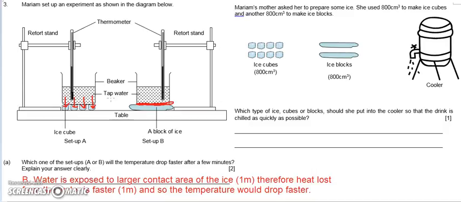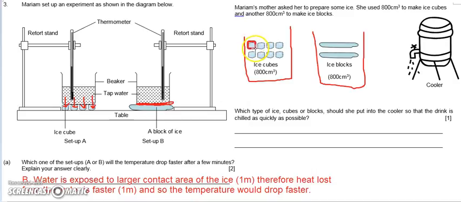Which type of ice, cubes or blocks, should she put in the cooler so that the drink is chilled as quickly as possible? Again, imagine you're putting the entire ice into the cooler. If you put the ice blocks into the cooler, or you put the ice cubes into the cooler, which one do you think has more surface area?